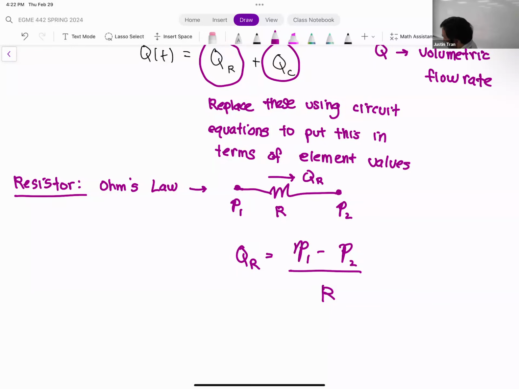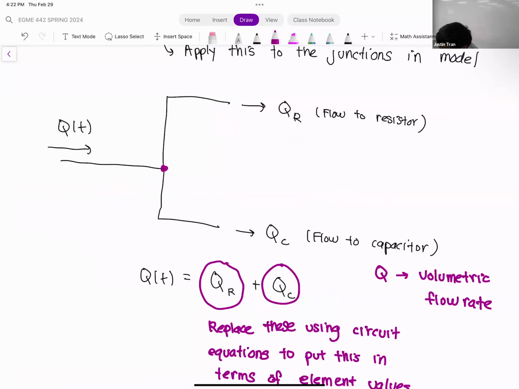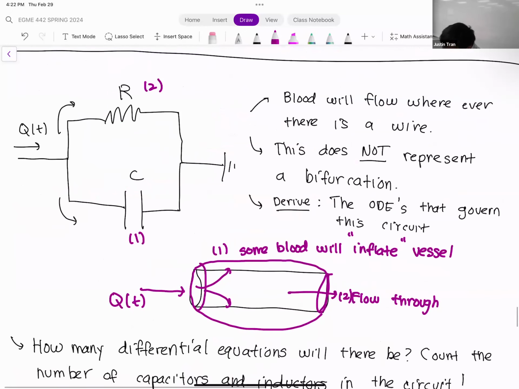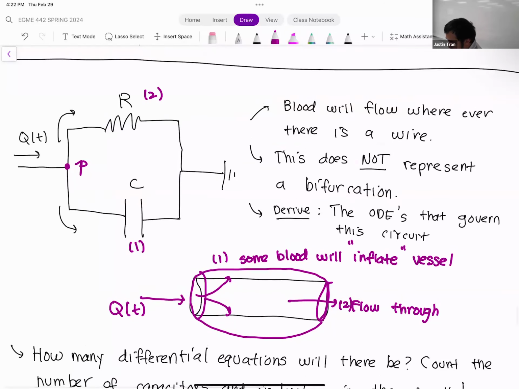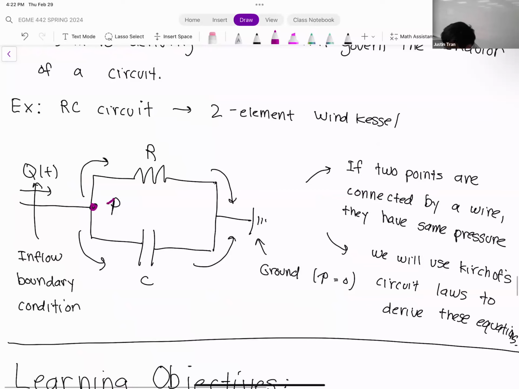All right. Let's put this in terms of the values that we know from the problem itself, right? I should have mentioned it here, but if you notice from the original drawing of the circuit, I've labeled the pressure at the junction between the resistance and capacitance as P. So that goes back all the way up here, right?